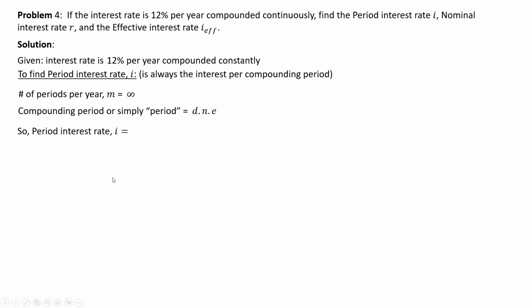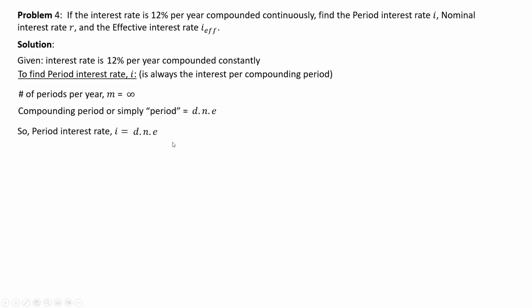Anyway, so what is the period interest rate? For what period? For zero, what is the interest? Zero period. Again, I want to say it doesn't make any sense. There is no concept of period interest rate in a compounded continuously case.